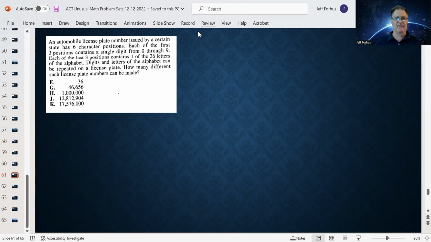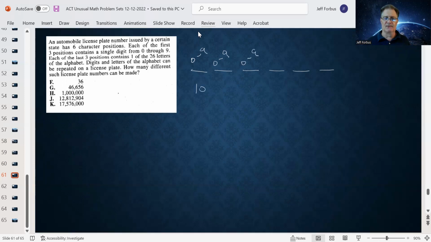So the next one we have: an automobile license plate number is issued by a certain state. It has 6 character positions. Each of the first 3 positions contains a single digit 0 to 9, so that's actually 10 numbers.